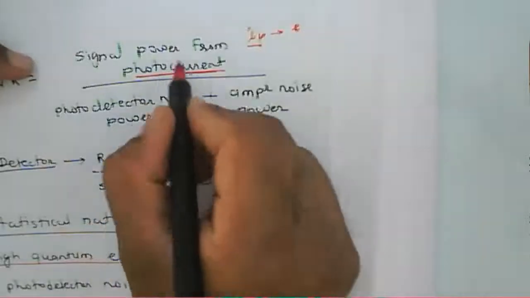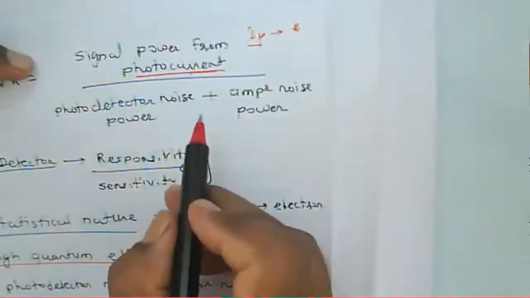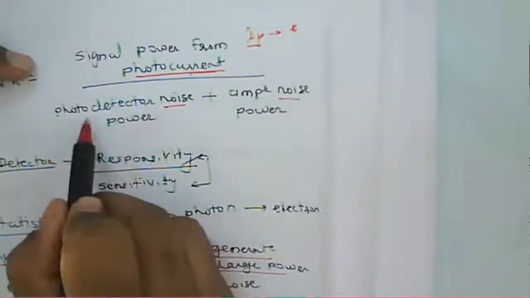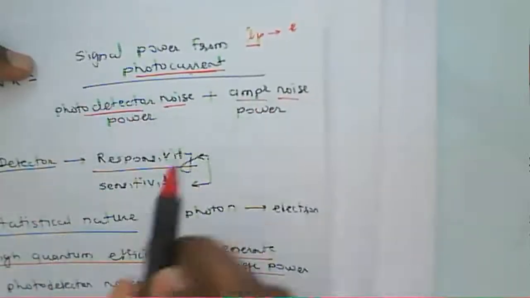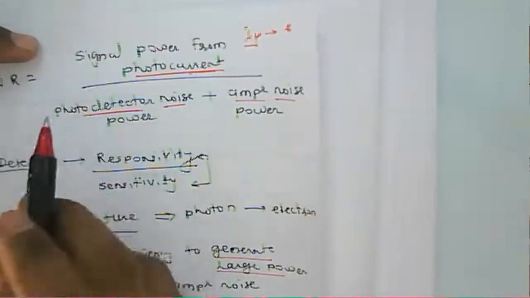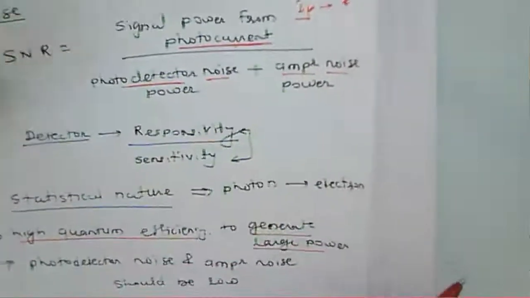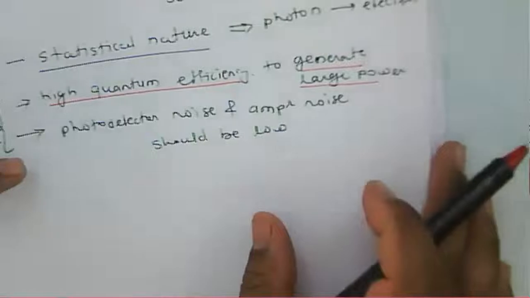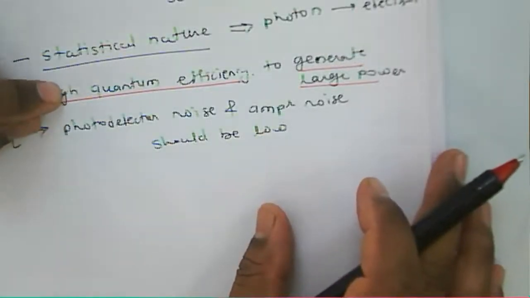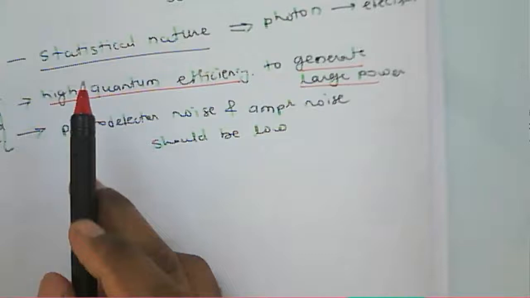Then, if this is large, this quantity should be low. So that is about the noise. Noise from what? Noise from the detector and noise from this amplifier. If this quantity is low, then naturally the signal to noise ratio will be large. So this is about the condition to get a high signal to noise ratio.